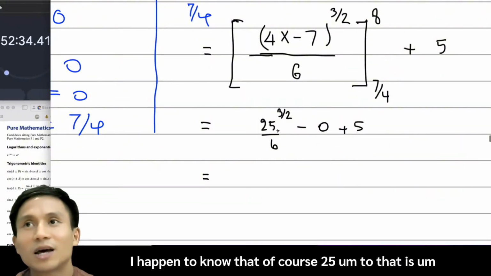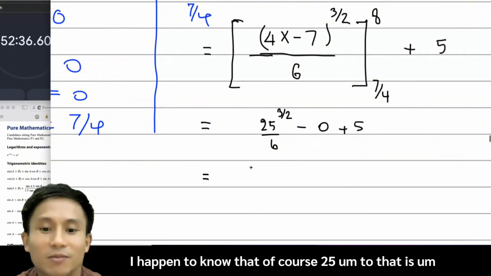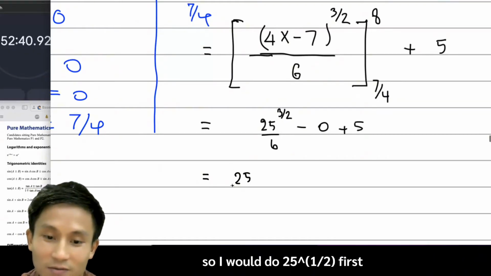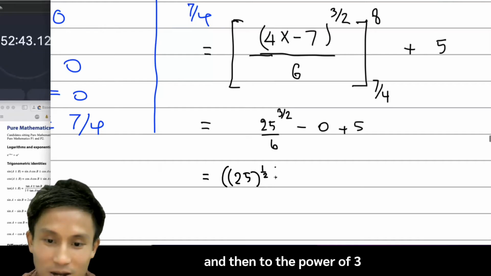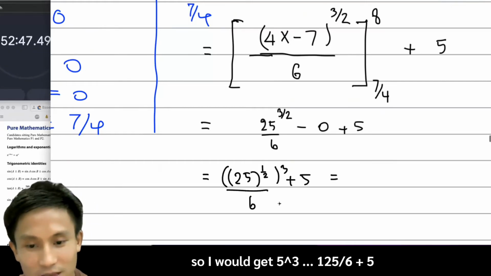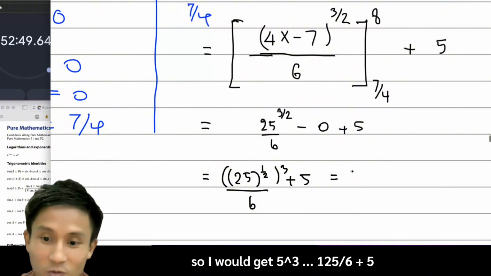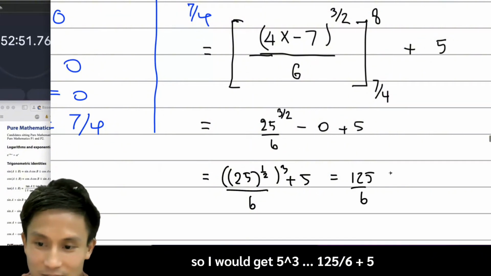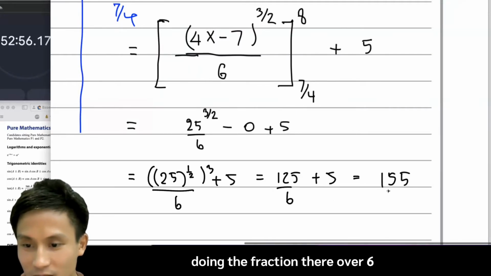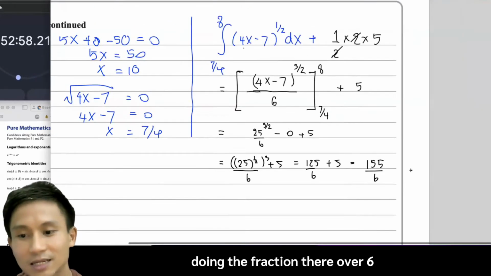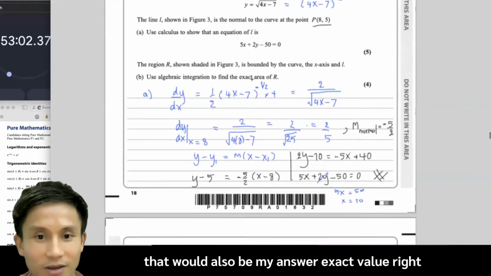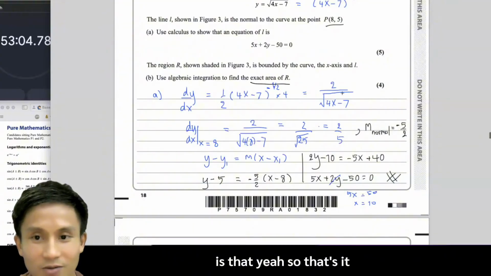I happen to know that 25, let me do mental math. So I would do 25 to the power of half first and then to the power of 3, which is the same as that, right? So I would get 5 to the 3, 125 over 6 plus 5. That would just be 155 over 6, doing the fraction there. That would also be my answer, exact value, right? Yeah, so that's it.